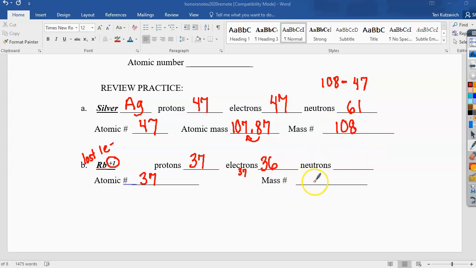The mass number is 85.47, which just rounds to 85. To get the number of neutrons, it's 85 minus 37, which is 48.